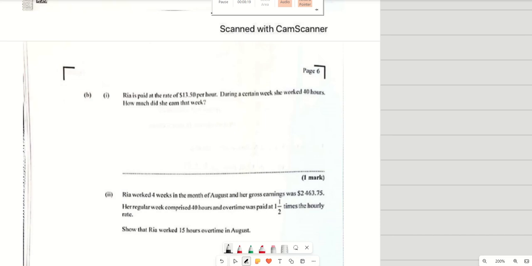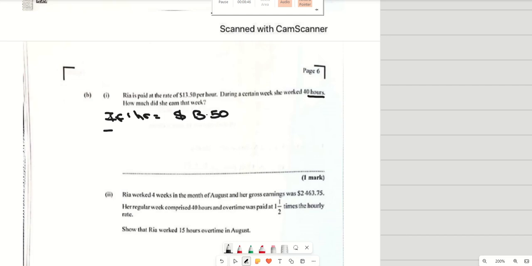All right. The question says Ria is paid at a rate of $13.50 per hour, meaning 1 hour is equal to $13.50. They want to know how much would be 40 hours.